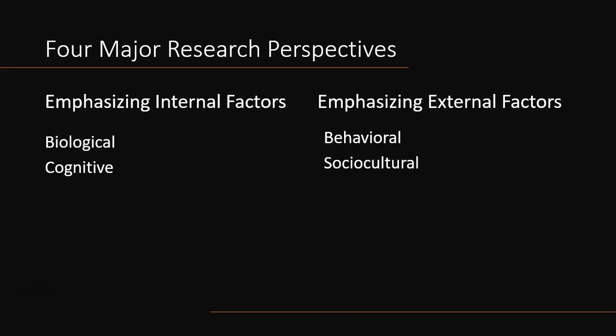So it could be other people, it could be the environment. So the 4 major research perspectives that Griggs and Jackson cover include the biological and cognitive approaches, which emphasize internal factors, and then the behavioral and sociocultural approaches, which emphasize external factors.